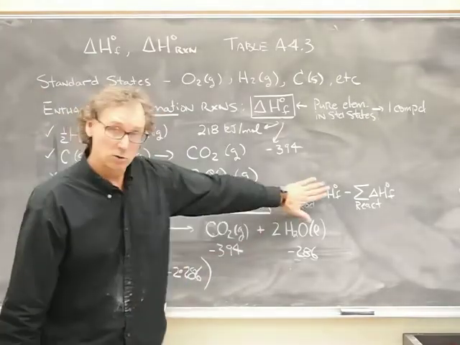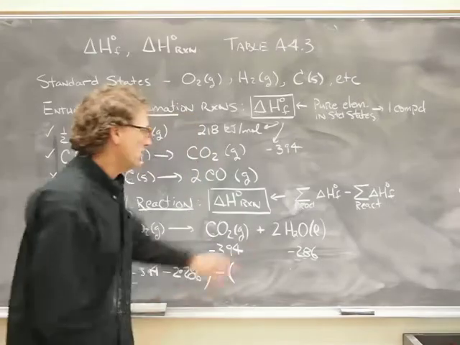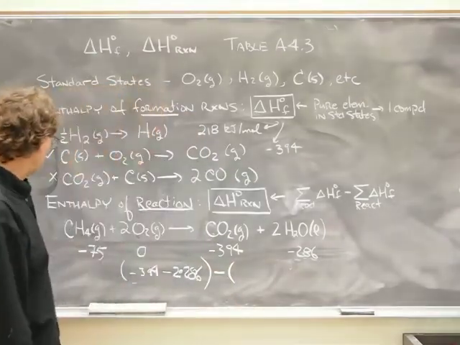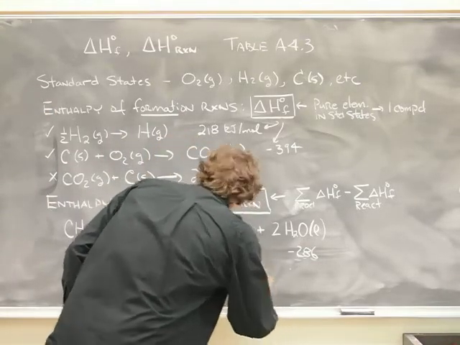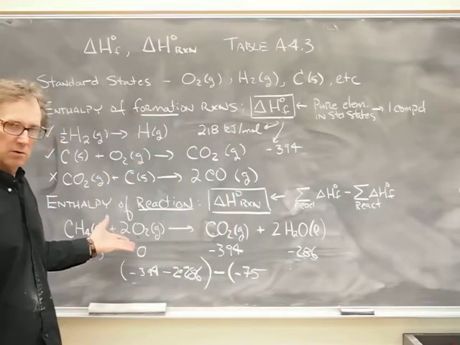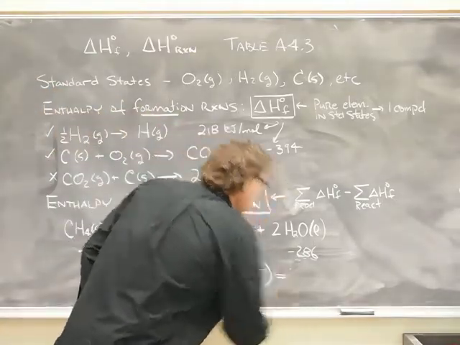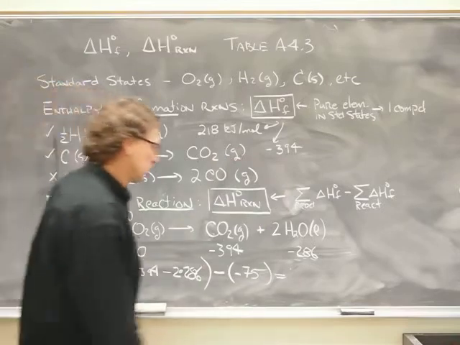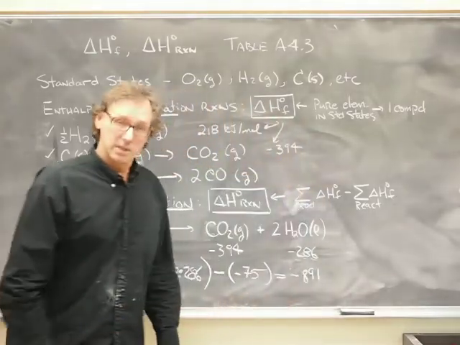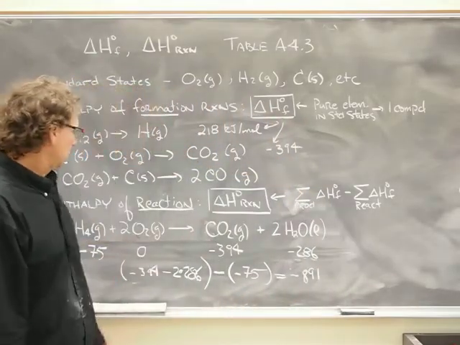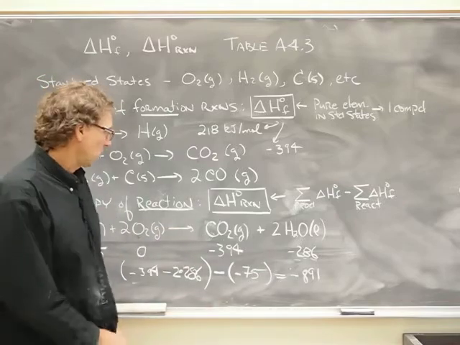So that's this whole term here, and now I subtract away all the enthalpies of formation of the reactants. I've got methane, that's minus 75. And I have oxygen, but that's 0. It would have been twice 0, but that's still 0. So I'm all done with that, and if you add up all these numbers, you get minus 891 kilojoules per mole, the enthalpy of reaction for combusting methane. Okay, that's it.